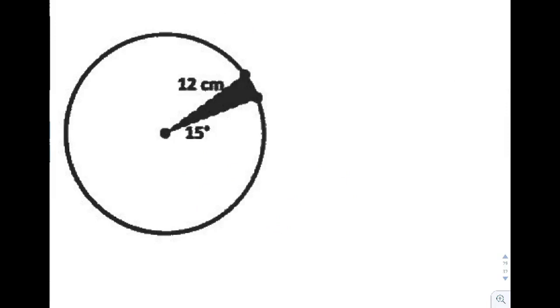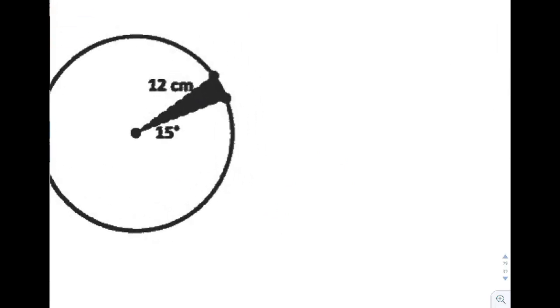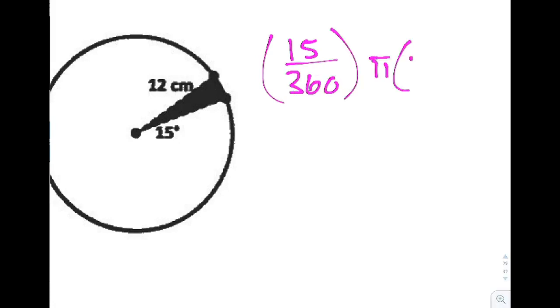This one is a very tiny sliver. We're looking for the area again, and the area is 15 360ths of pi r squared. Again, I won't show the rest of the work because I want you to enter this on your own using parentheses, but you should get a number between 18 and 19 square centimeters.